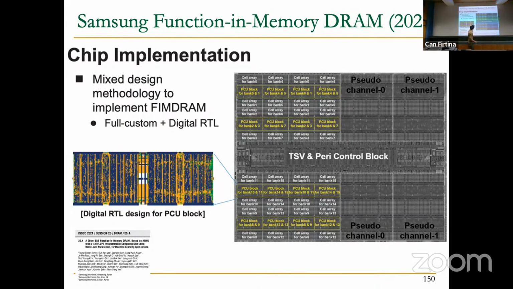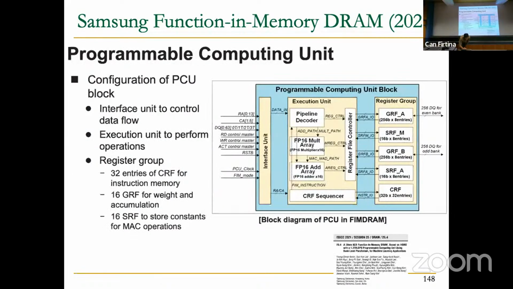In each of the pseudo channels, you can identify the cell arrays. So these are the DRAM cells here and here, and in between they have replaced existing logic. They in the end have to reduce the size of the cell arrays in order to place these PCU blocks. And these PCU blocks are essentially compute units that can perform very fast.